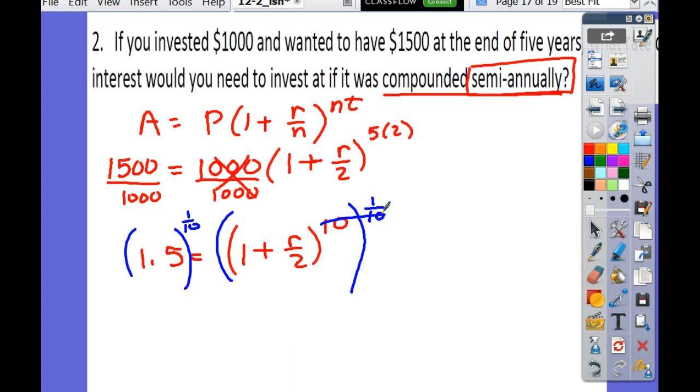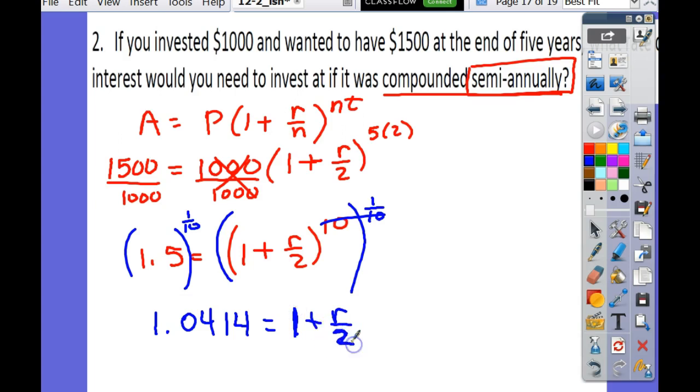You take your calculator and do 1.5 raised to the 1/10th power. In order to avoid a rounding error, you probably need to use at least 4 decimal places. Now what am I going to do with this 1? I'm going to subtract the 1.